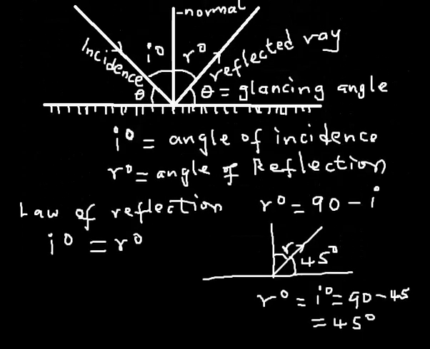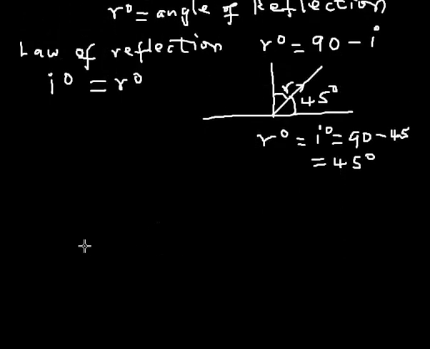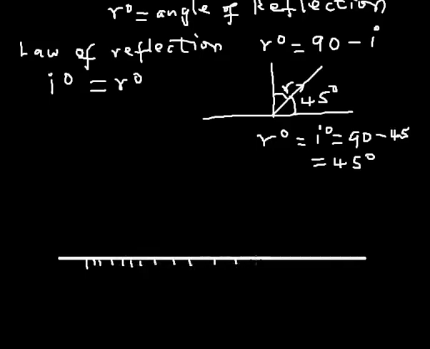Now, apart from the glancing angle, angle of incidence, and angle of reflection, there's another angle we need to measure on the reflecting surface. That angle is called the angle of deviation. The angle of deviation is the angle between the initial direction of the ray and the final direction.